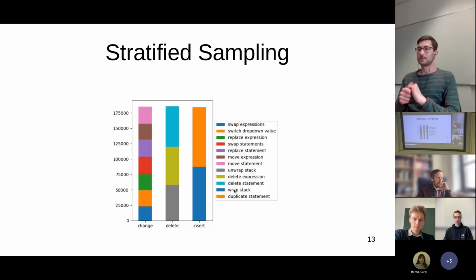So in the case of change, every one of the 7 operators is chosen with the same probability, and so on. So if you create a stacked bar plot, it should look something like this. So every operator is chosen with the same frequency, and within every bar, the distances are the same as well, or the frequencies are the same as well.